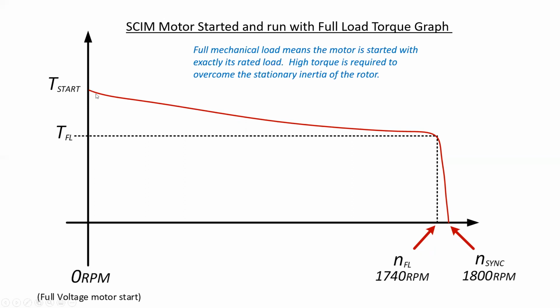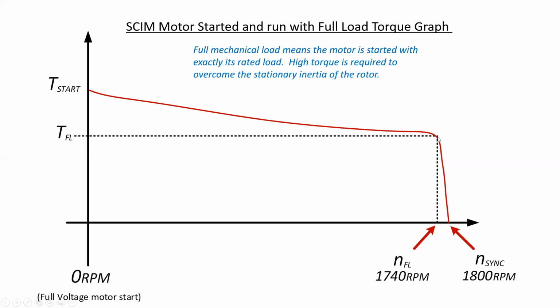But as it starts to turn, the inertia, the speed of that rotor, requires then a little bit less torque from the motor until eventually, right at this point, we reach what's called the full load speed, which is the nameplate speed, and the full load torque.